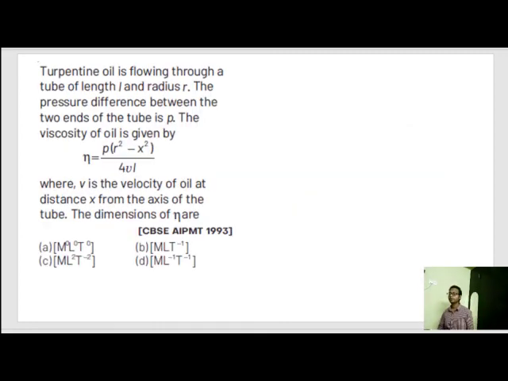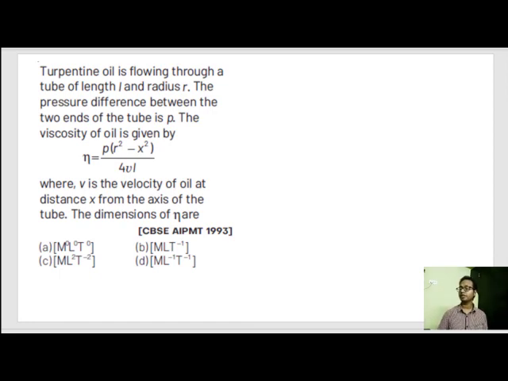Turpentine oil is flowing through a tube of length L and radius r. The pressure difference between the two ends of the tube is P. The viscosity of oil is given by N is equals to P (r square minus x square) by 4 VL, where V is the velocity of oil at distance x from the axis of the tube.